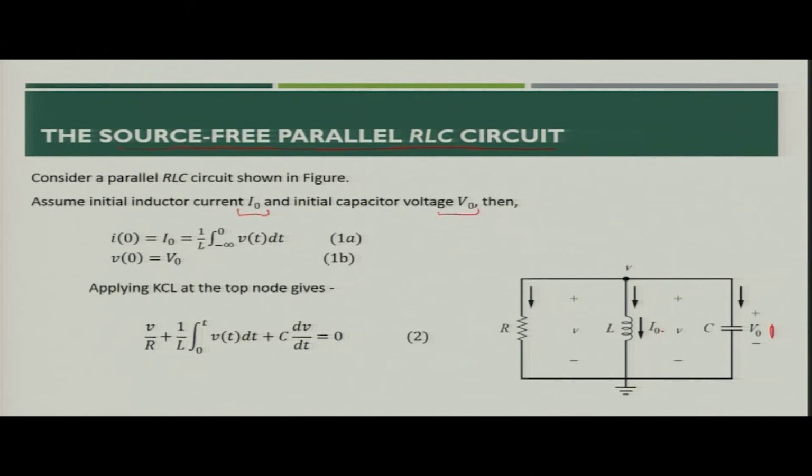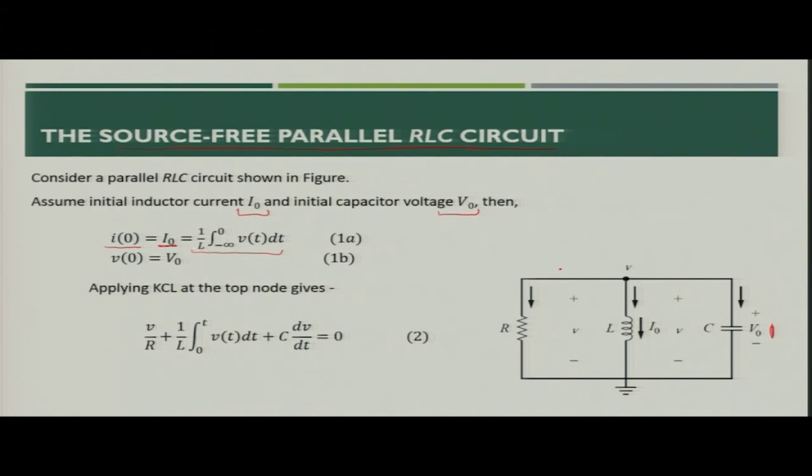So, you can write I at time t equal to 0 is nothing but I naught, and you can represent it as the integration of V(t) dt, where the integration ranges from minus infinity to 0, because this is the time where the system is at rest initially.